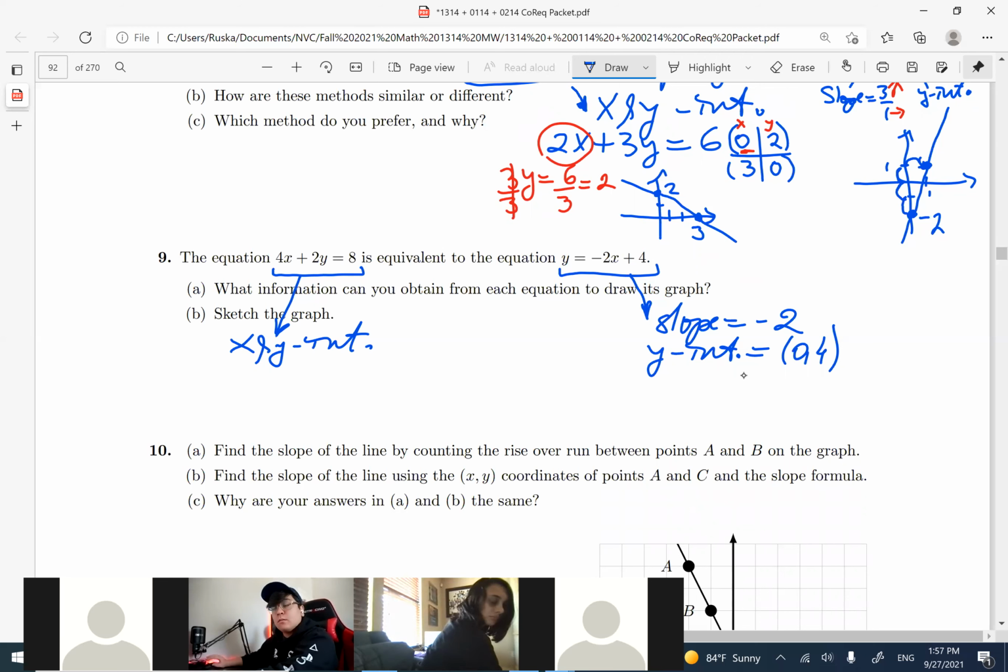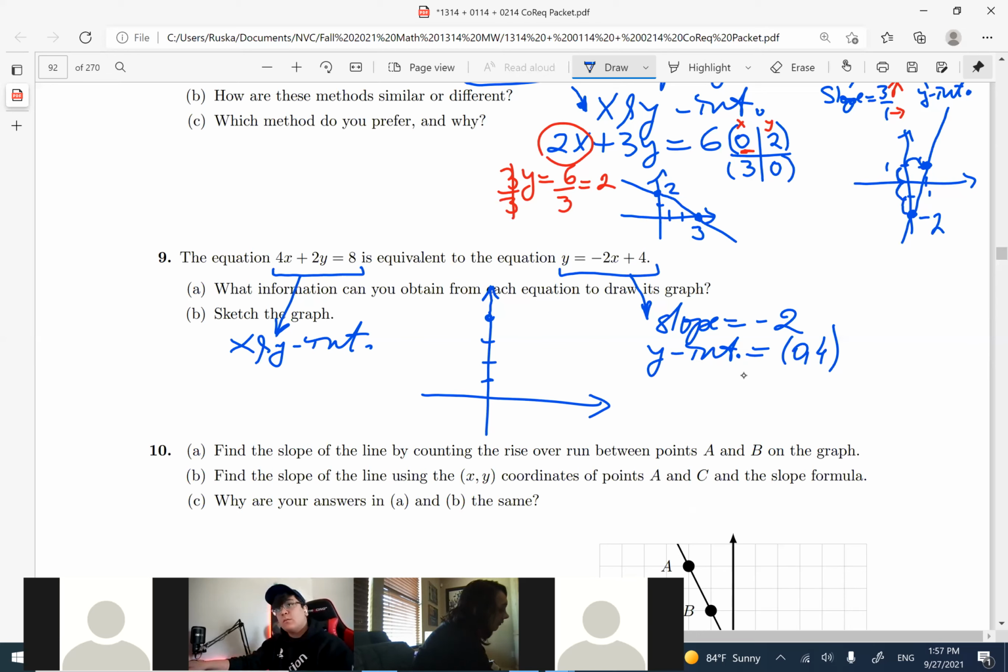So if I want to do that, I'm going to start from 0, 4. It's going to be the same graph in the end, but let's move it a little down so I can have room. Okay, so the y-intercept is at 4.